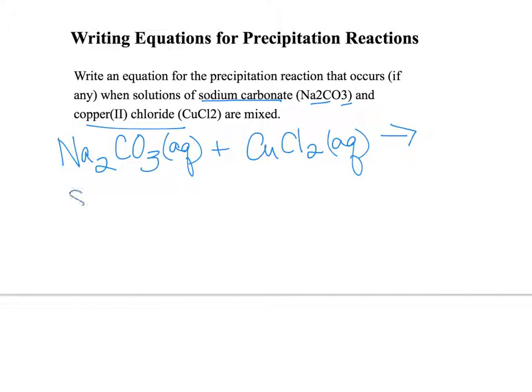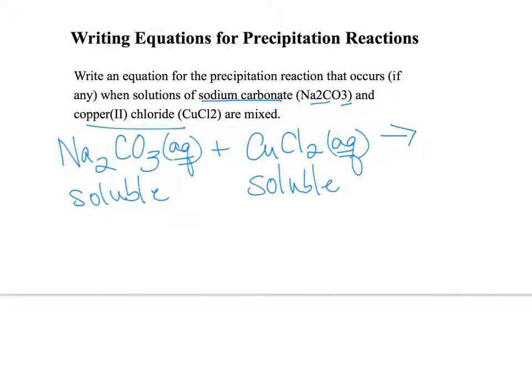And because they're aqueous, we know that in order to be aqueous, sodium carbonate has to dissolve in water, and also copper chloride dissolves in water, or else we wouldn't have that they were aqueous. Now, when we mix these two ionic compounds, what's going to happen is that sodium has a positive charge and copper has a positive charge.